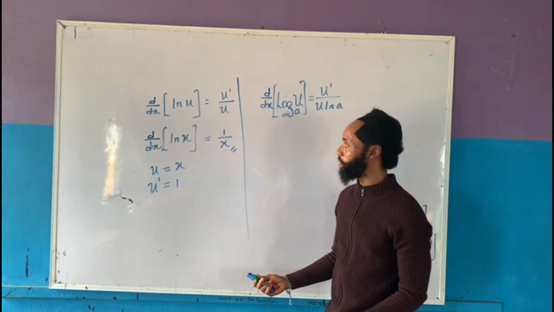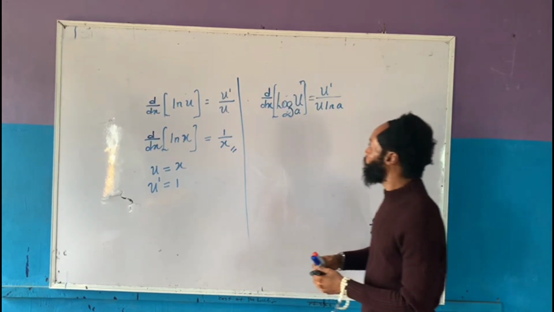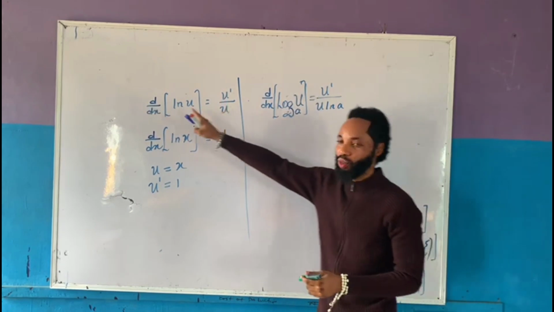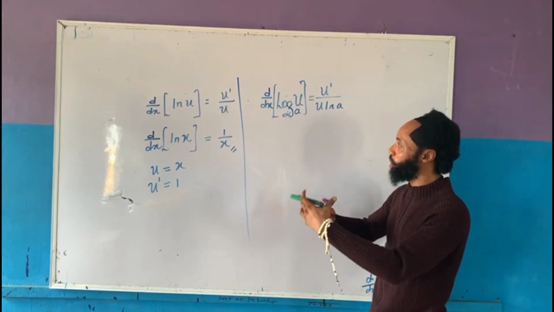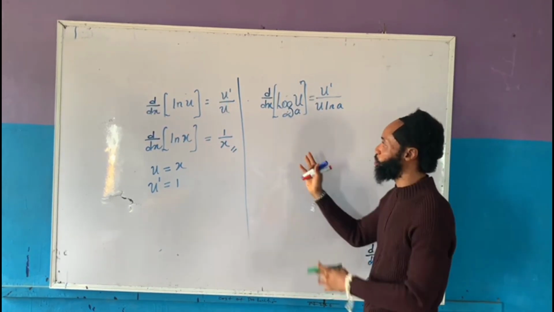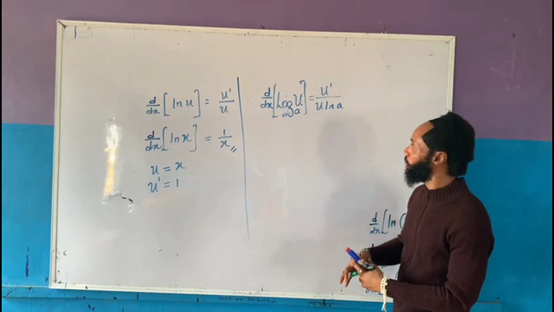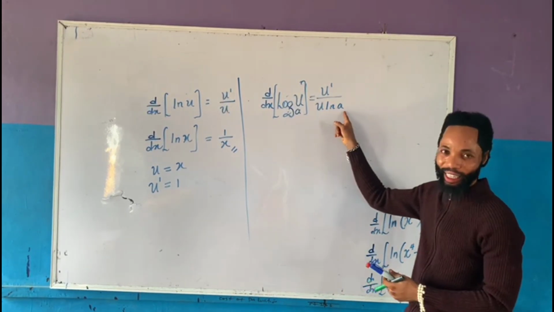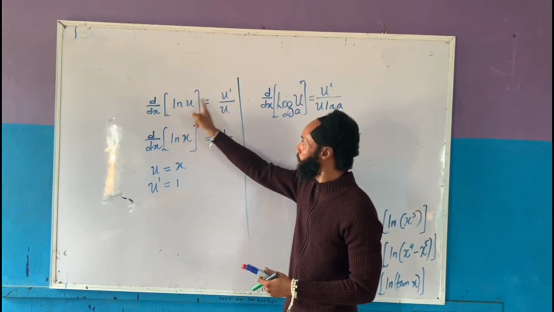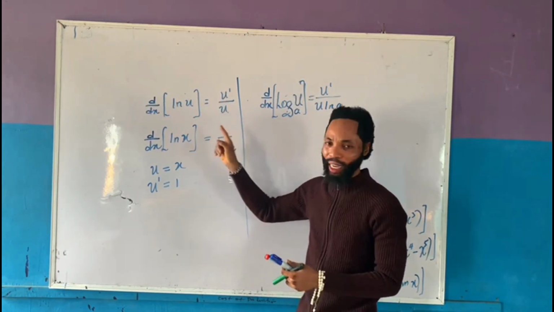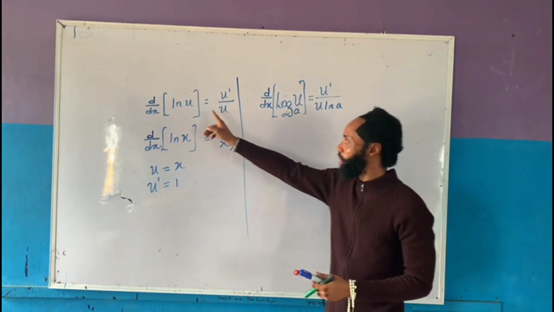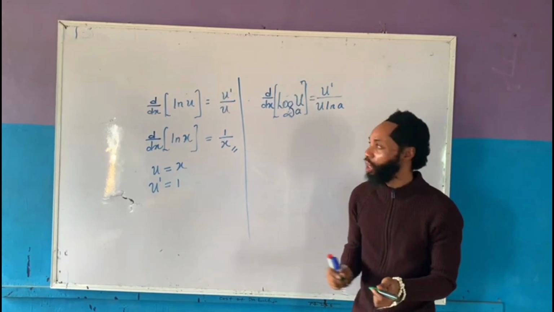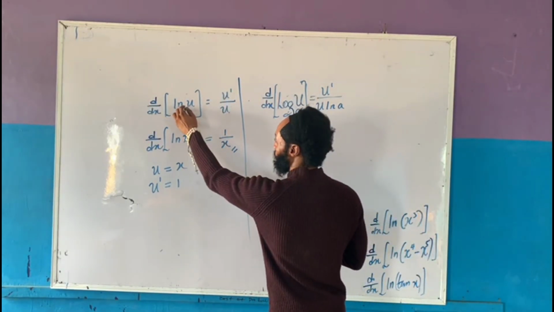Now, this is log, this is natural log, this is log. Let me just state the slight difference before we take other questions. This is the same thing: u prime over u times ln a. This is u prime over u. Why do we have ln a here and we don't have any ln a there? Because the base for the natural log is e.